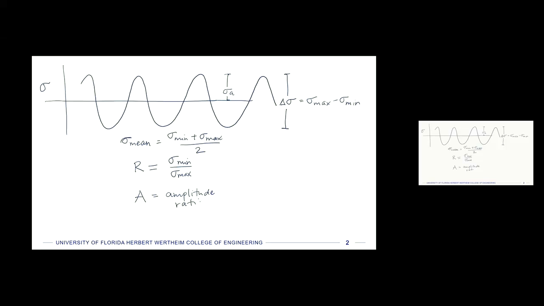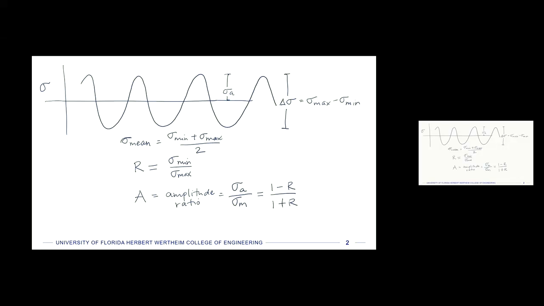So that's going to be the stress amplitude sigma A divided by the mean stress sigma M, which I wrote mean before, but it's usually just sigma little m. And we could plug in the definition for the mean stress and the stress amplitude there and come up with (1 minus R) over (1 plus R). So these are the metrics we can use to describe this sinusoidal stress.